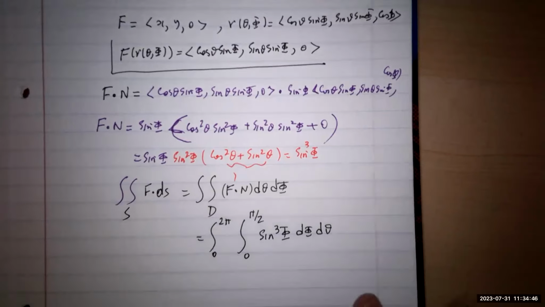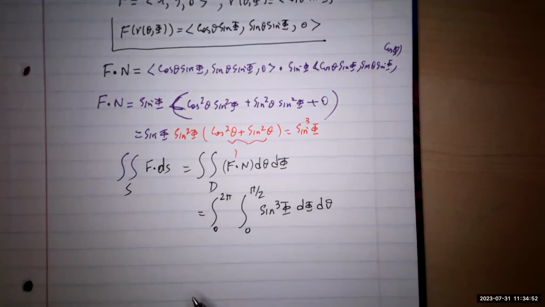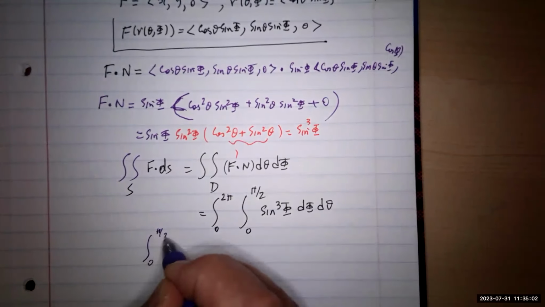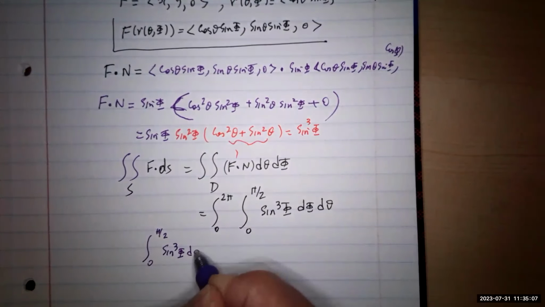Sine cube, remember, if you want to integrate the odd power of the sine, you pull out one sine and change everything else to the cosine to integrate it. So this is the way you're going to integrate it. I take this one out and integrate it first. It's 0 to pi half of sine cube of phi d phi.